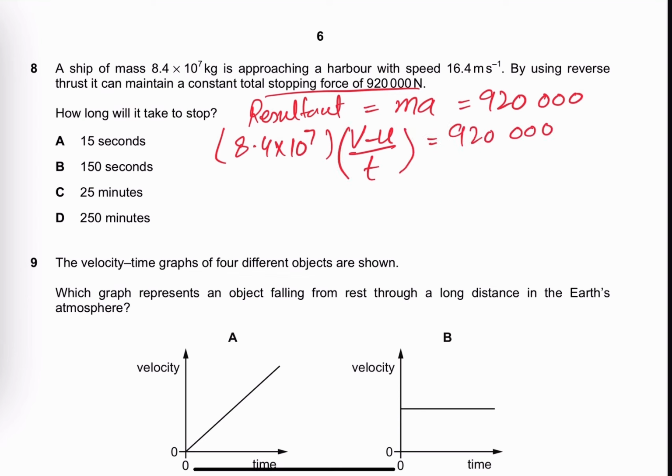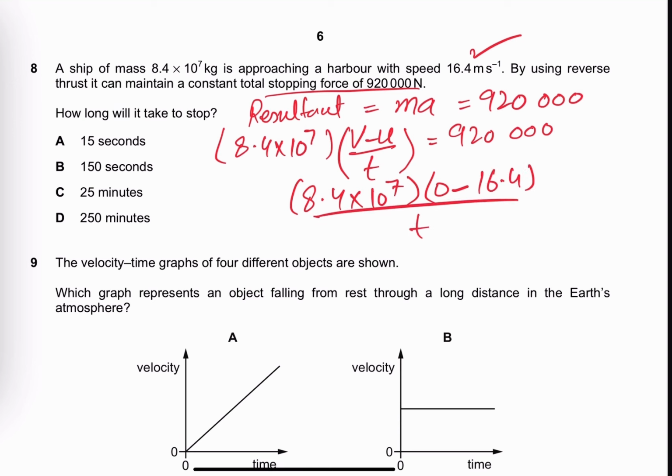It's finally going to stop, so final velocity will be 0. Initial velocity is this, so we ignore the minus sign for the time because time cannot be minus. So 8.4 into 10 raised to power 7 is equal to 0 minus 16.4 divided by t is equal to 920.